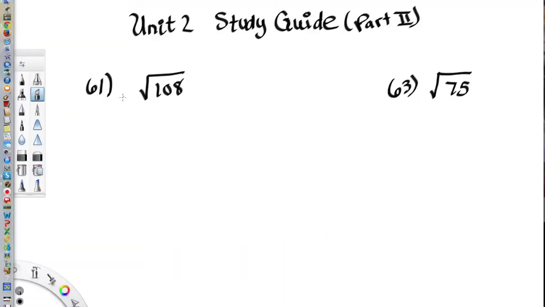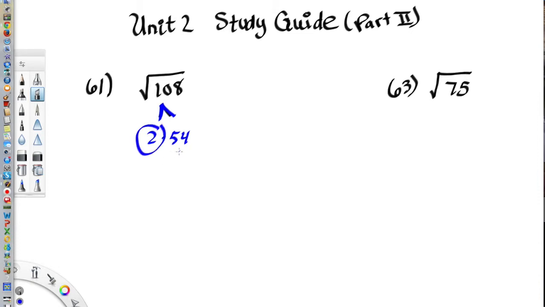Well, our last section that we're going to take a look at is simplifying these square roots. Okay, we're going to look at 61 and 63. And when we simplify, the first step is just find the prime factorization. Let's add a little color. We're going to find the prime factorization of each of these numbers. I know that 108 is going to be 2 times 54.